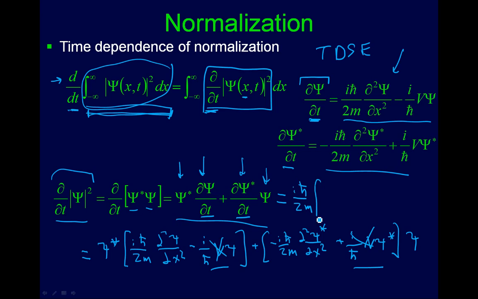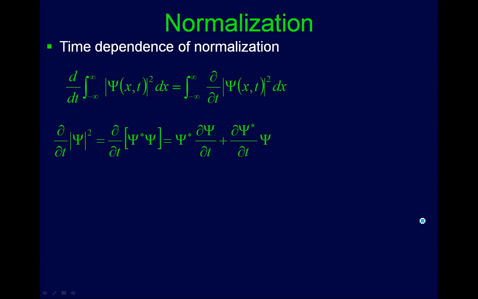Over here I'm going to have psi star, the second derivative of psi with respect to x squared, and then a minus. It doesn't matter the order you do this, but we typically write it this way, since these are just functions and you can move them around pretty easily. I've got this piece right here, the piece that I just had.